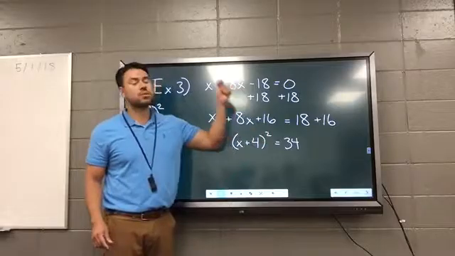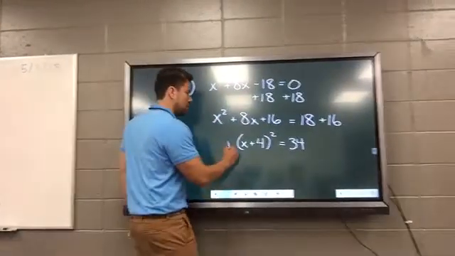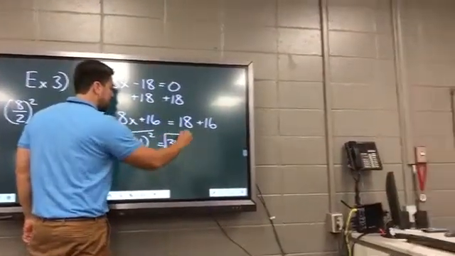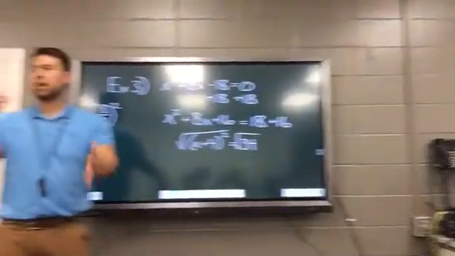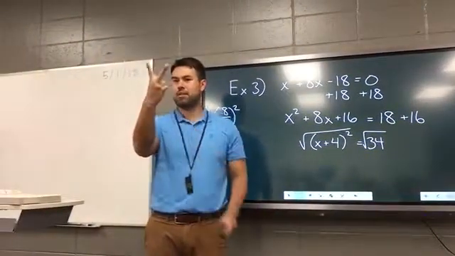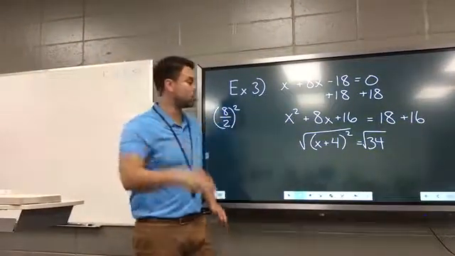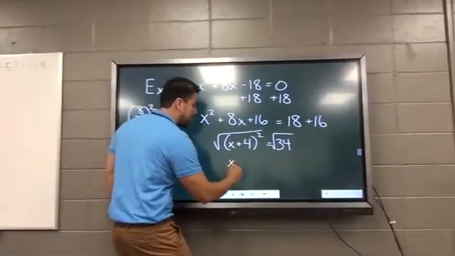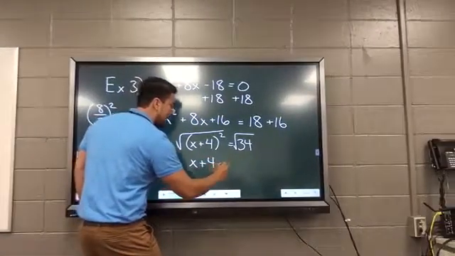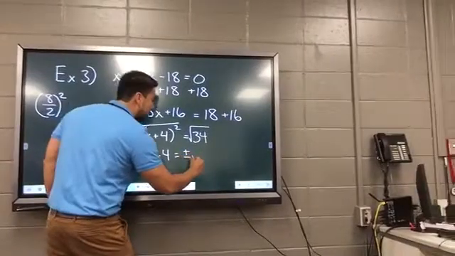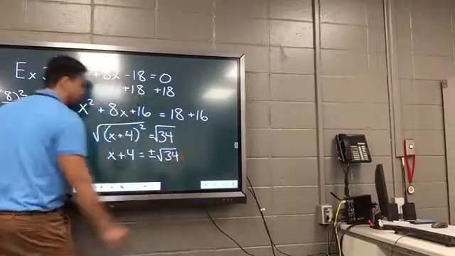So how do I undo the squaring first? Square root both sides. When I square rooted both sides, what happened with my answer? I get 2 answers now. So I get x plus 4 equals plus or minus the square root of 34.